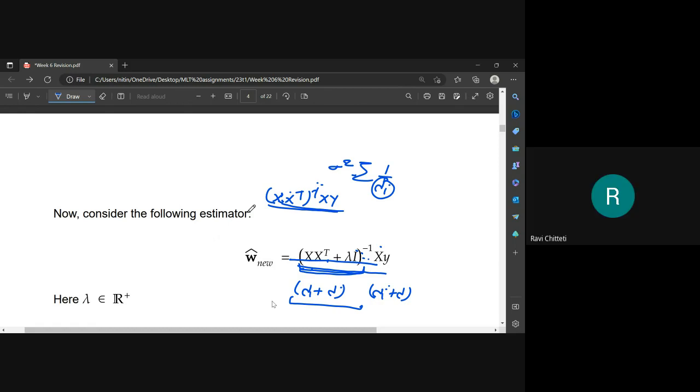So if lambda 1, lambda 2, lambda i are the eigenvalues of XX transpose, what will be the eigenvalues of this thing? That part I get it. When you ask me, I'll say lambda i plus lambda in the denominator. But how do I know what that lambda should be? So here this lambda is a hyperparameter, and how to choose it we do using cross validation techniques, and we will discuss how to choose the values of lambda.